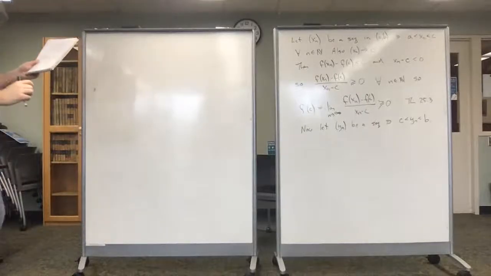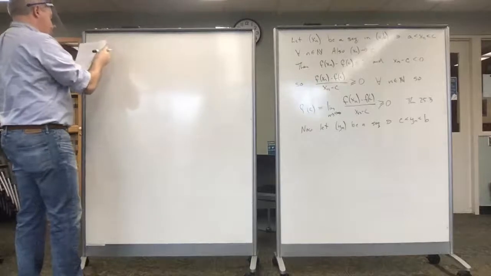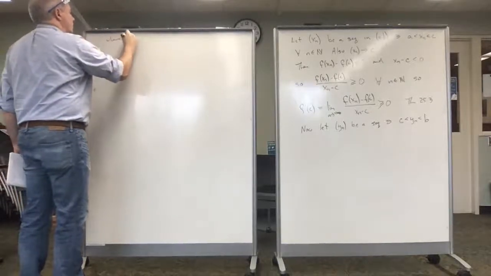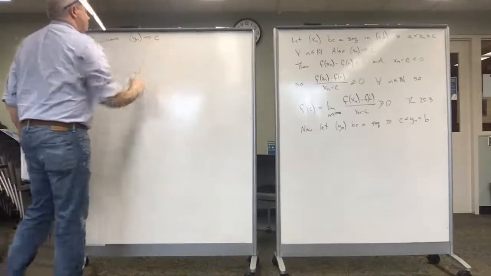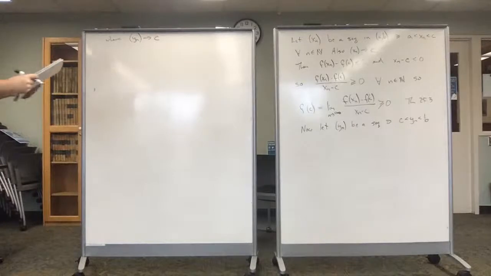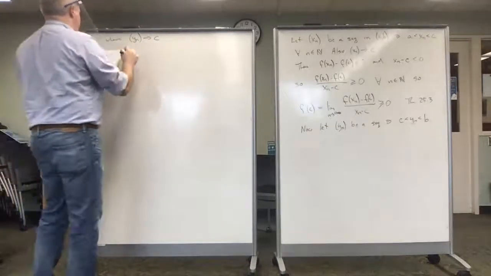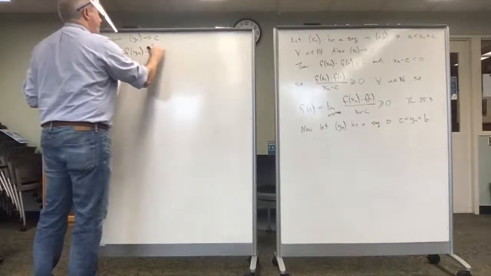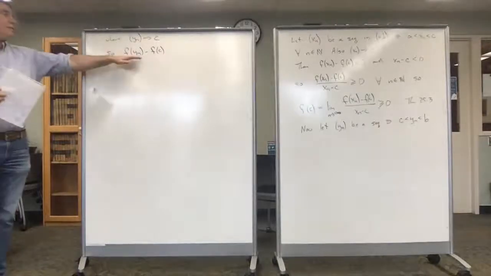In a similar way, we can start looking at these where the y sub n's converge to c. Now let's look at f of y sub n minus f of c. What can we say about this one?